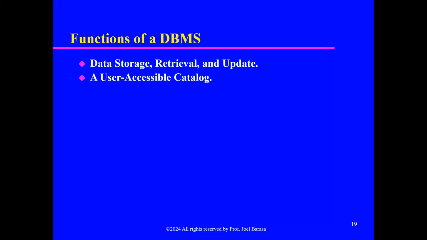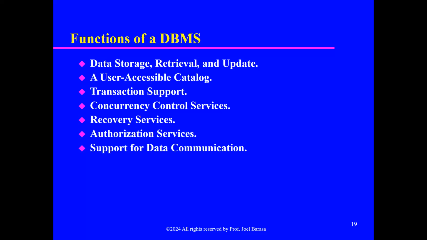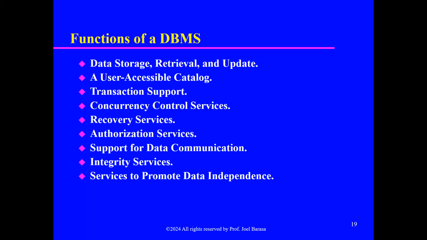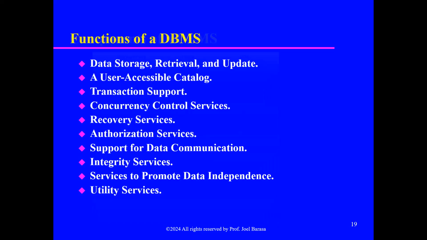Data storage, retrieval and updates can be done by that. The user-accessible catalog can be done by that. Transaction support, we have concurrency control services, recovery services, authorization services, support for data communication, integrity services, services to promote data independence, and utility services. All these are very powerful functions of a database management system.